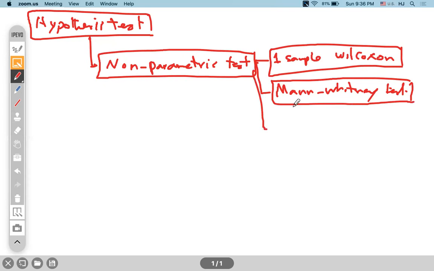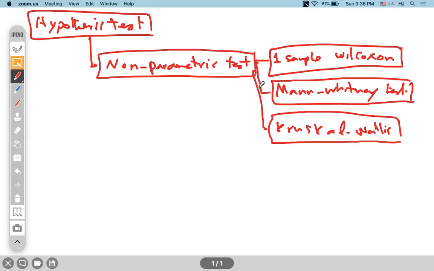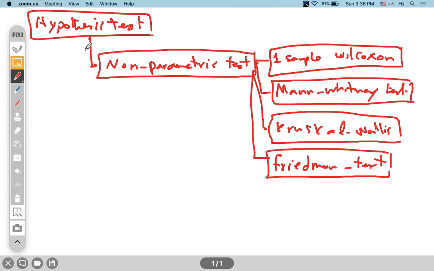It could be Kruskal-Wallis test. It could be like Friedman test and some other types of test as well. We can also run like correlation test. We can run also like Fisher exact test.